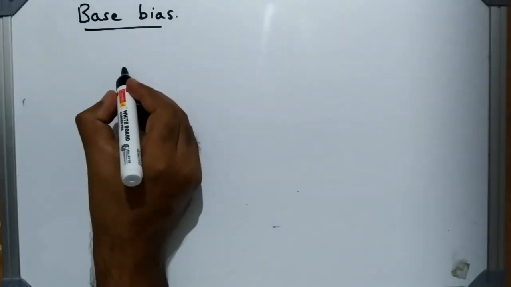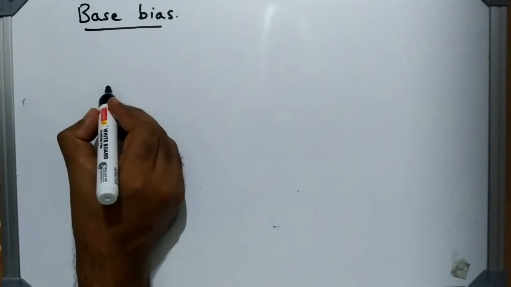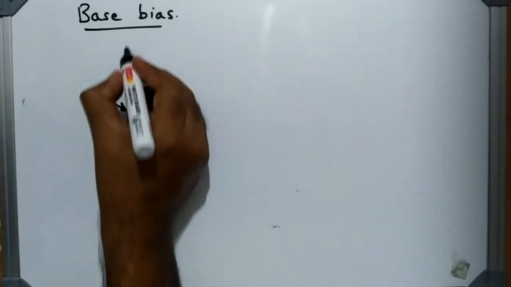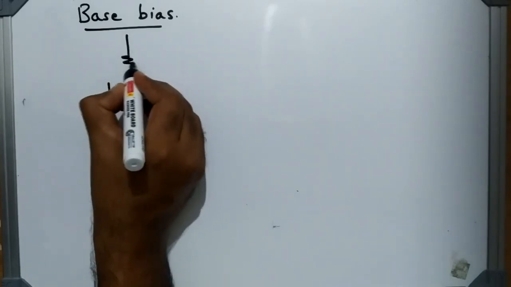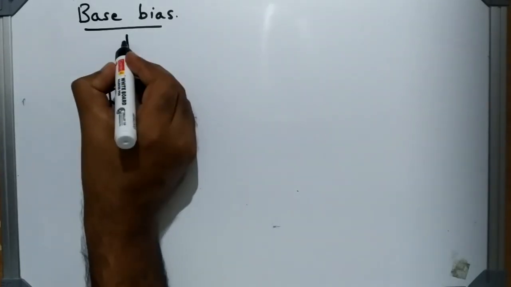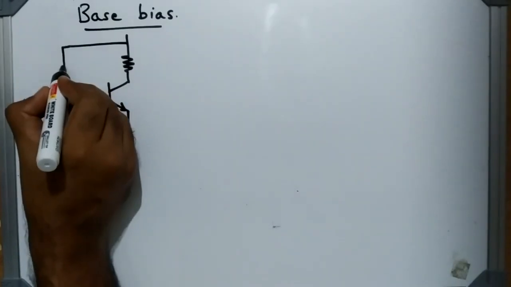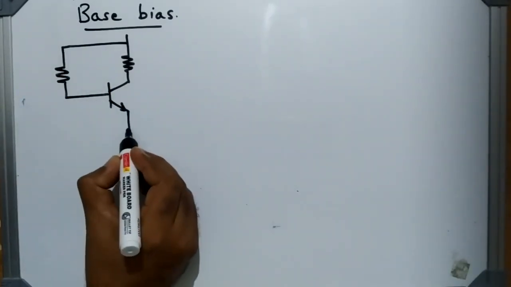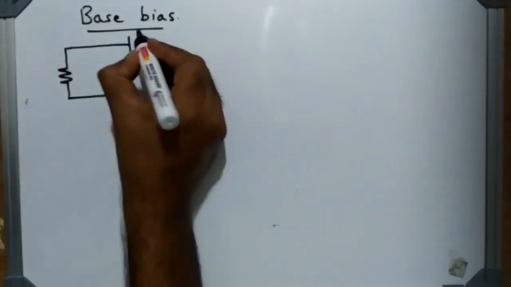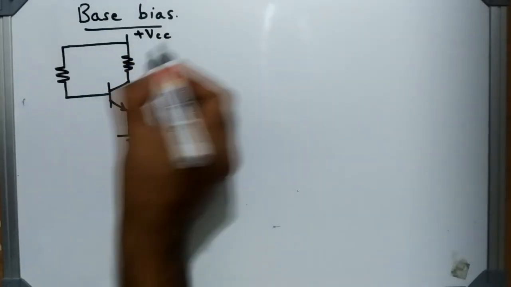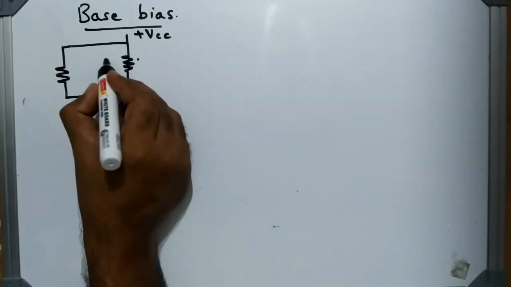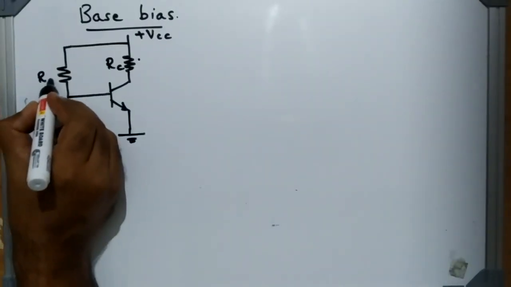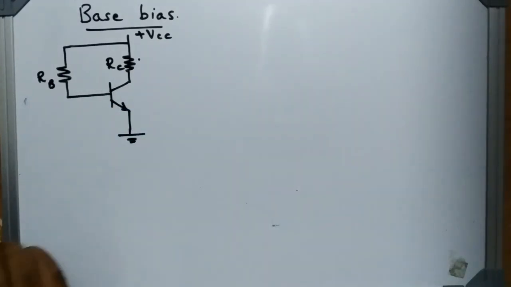What is a base bias? See, there is a transistor, NPN transistor, which is used in common emitter configuration. This is the circuit diagram of a base bias. This is plus VCC. This is called the collector resistor RC, and this is the base resistor RB, and this is an NPN transistor.